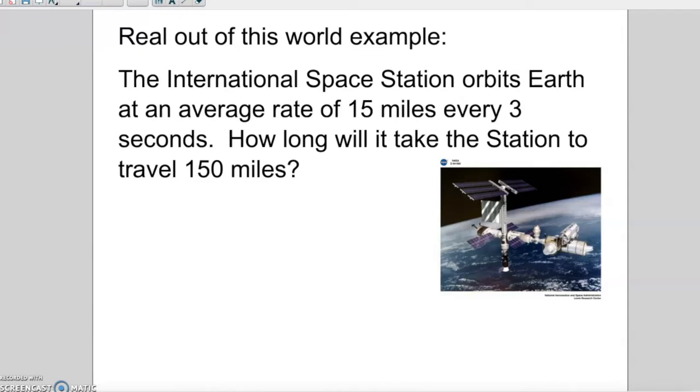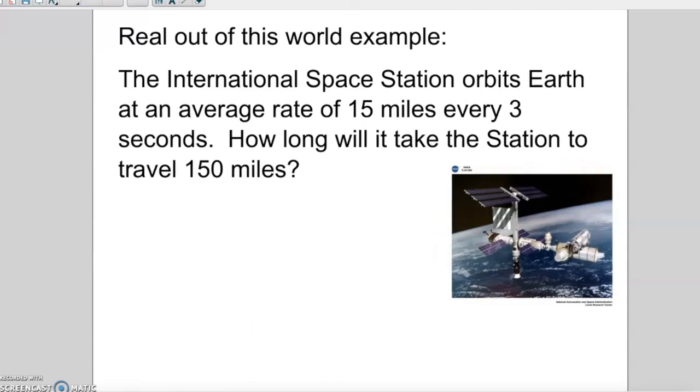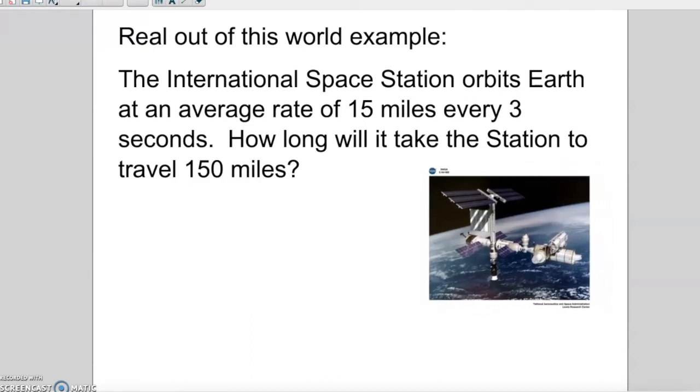In 3 seconds, this space station, right here, when people are living in here, by the way, right now, it's in outer space, right above Earth. In 3 seconds, it travels 15 miles. That means 1, 2, 3. In that time, the space station would have gone to Harmony and halfway back in 3 seconds. Okay? So it's going very fast.